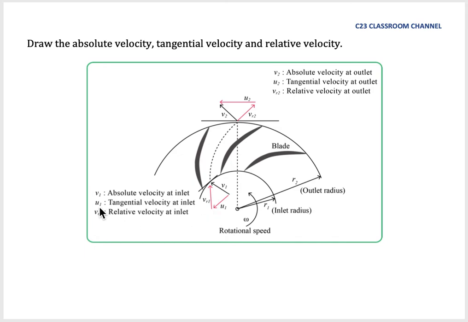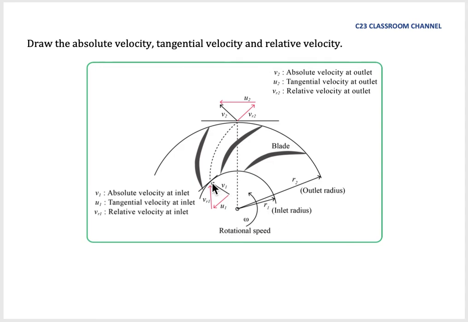So we have U1, the tangential velocity at the inlet, and VR1, where R means relative, the relative velocity at the inlet. Relative means the velocity relative to the blade, and tangential because it moves in rotation in a circular shape.